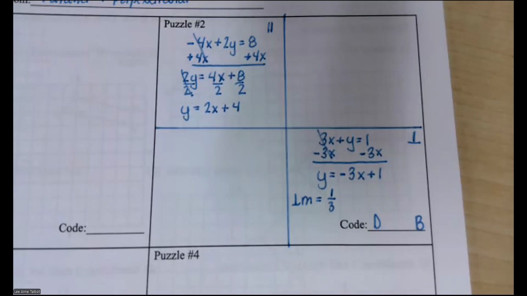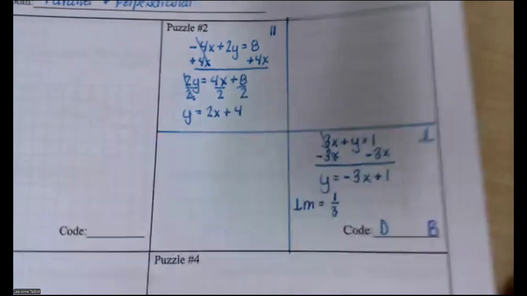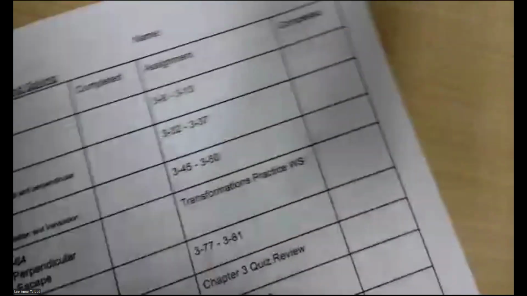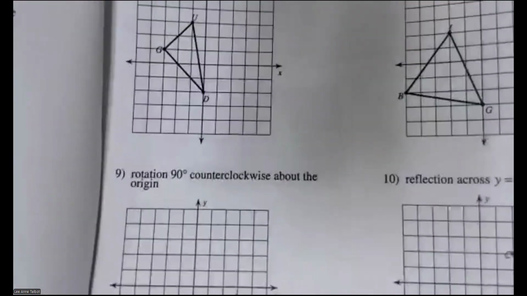Okay. I'm going to give you the rest of the period to work on this. Do you guys know what the homework is? It's a worksheet in your packet that just has different transformations. That's it. There's 12 of them.